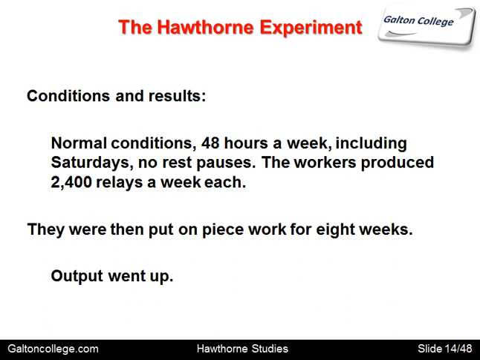They were then put on piecework for 8 weeks, and output went up. Piecework means they got paid by each one they produced. So they weren't paid on a weekly basis, they were paid on the amount of work they produced, and as a consequence they worked harder. So output went up.